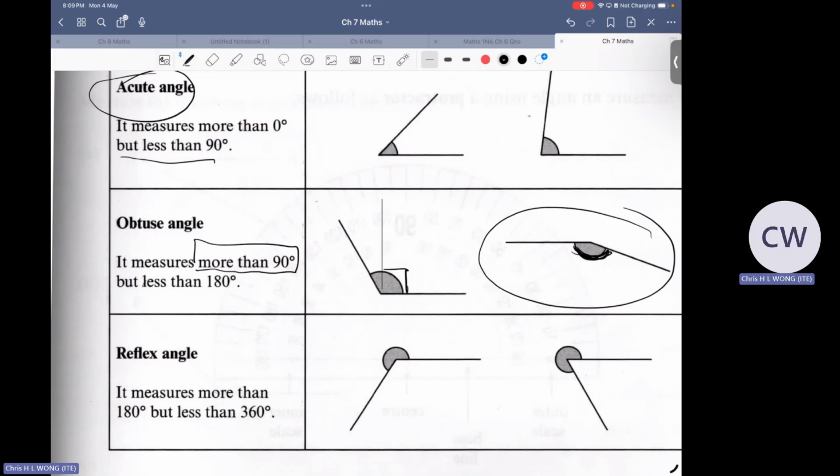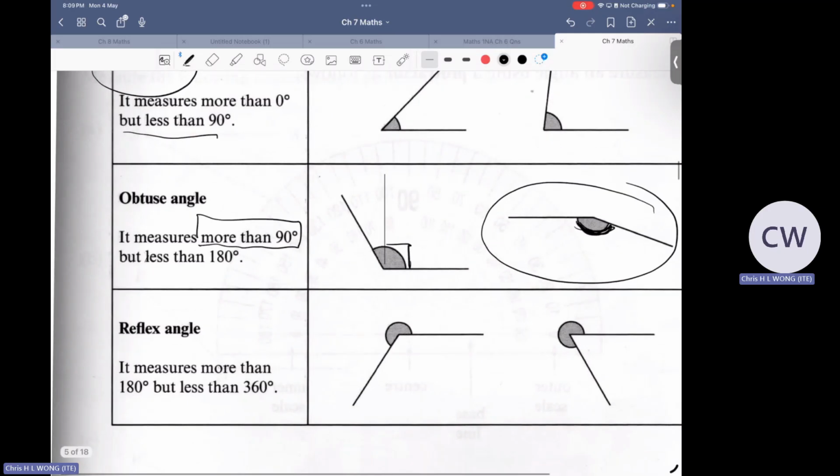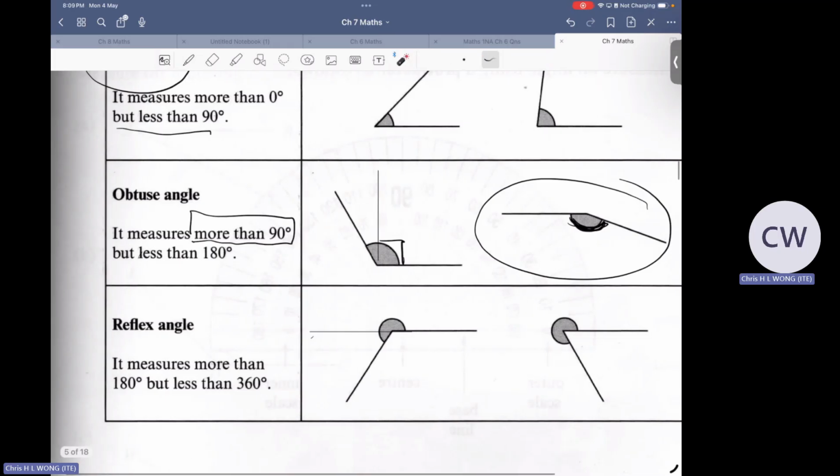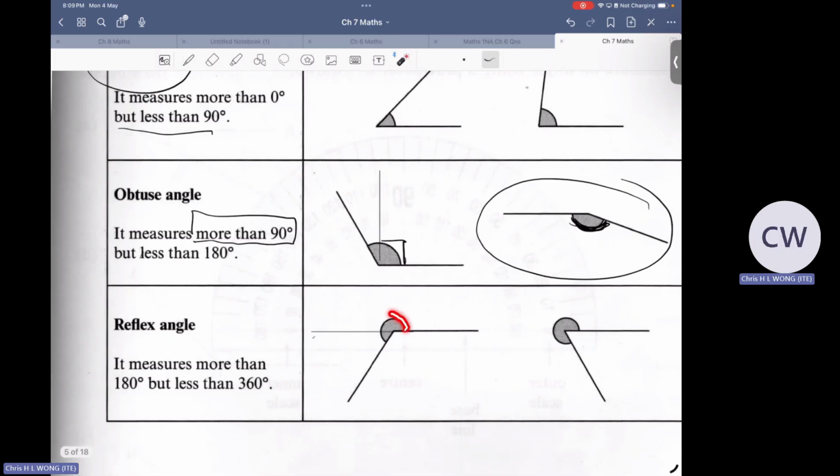Obtuse angle. Now, if it is more than 180, that means your straight line is here. If I draw a straight line, your straight line is actually here, no? If it is more than 180 degree, you can see that the angle, you look at the line, it's 90, 180, more than 180.